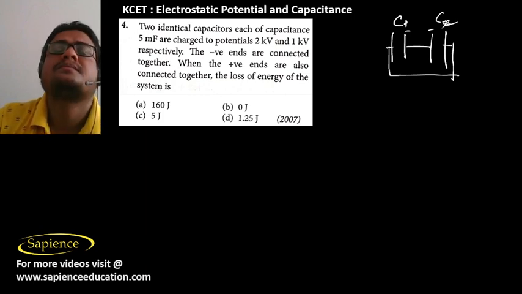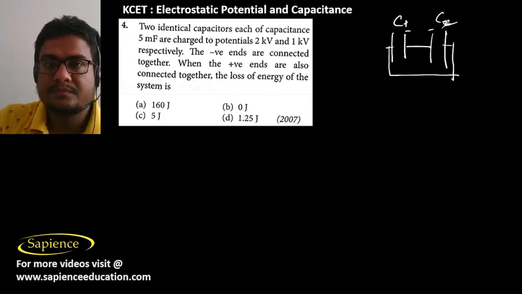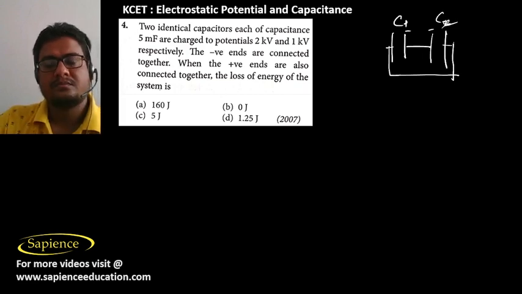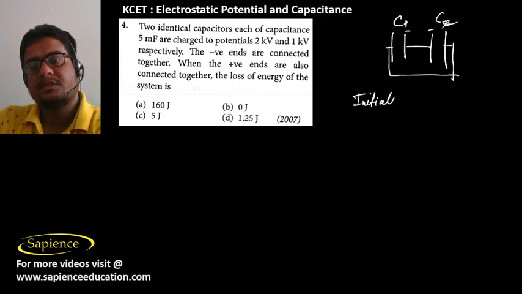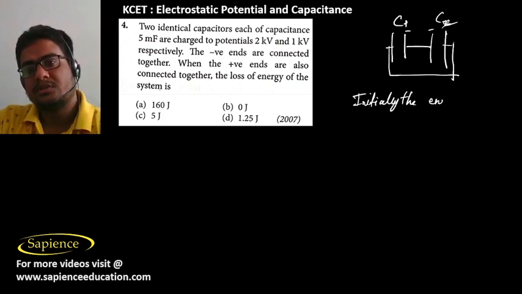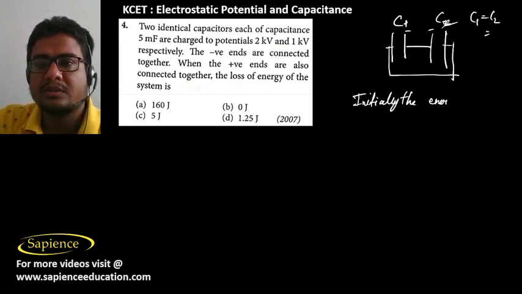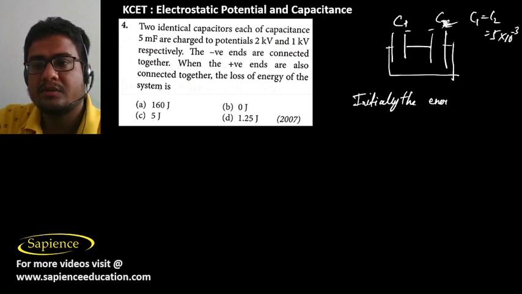So initially, the energy of the system was as follows. Each capacitance is the same, equal to 5 millifarad, so 5 into 10 power minus 3.